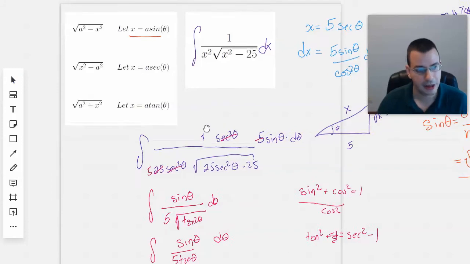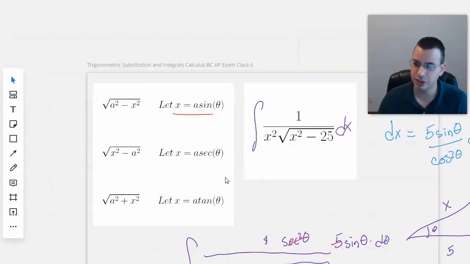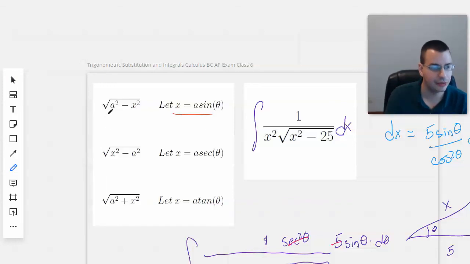But the secret to trigonometric substitution is just memorizing these 3 thumb rules. And again, the way I memorize them, or mnemonic them if you will, is you have a minus x squared, square rooted. If you see that, then the sign with the x tells you that you're supposed to use sine.